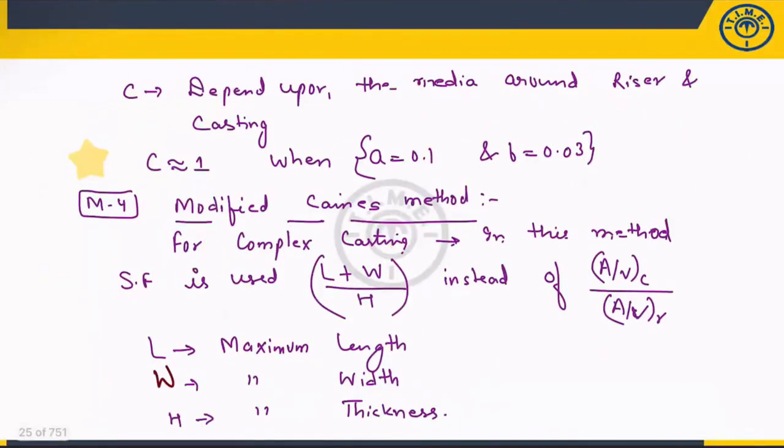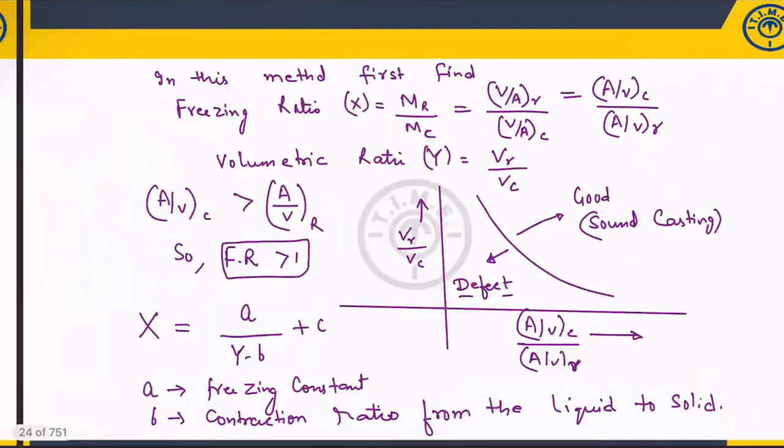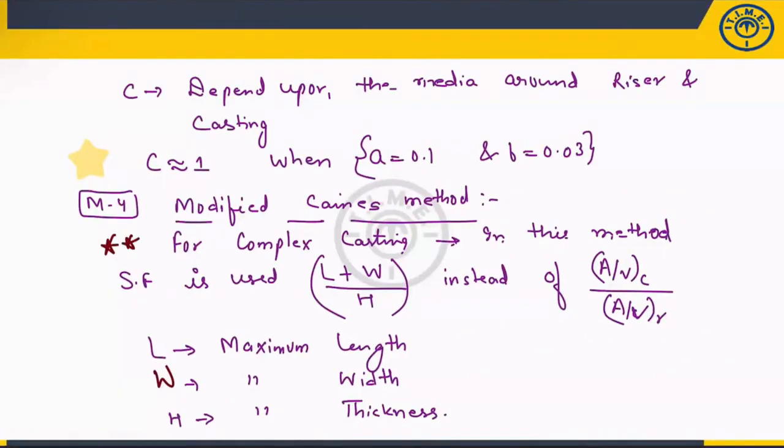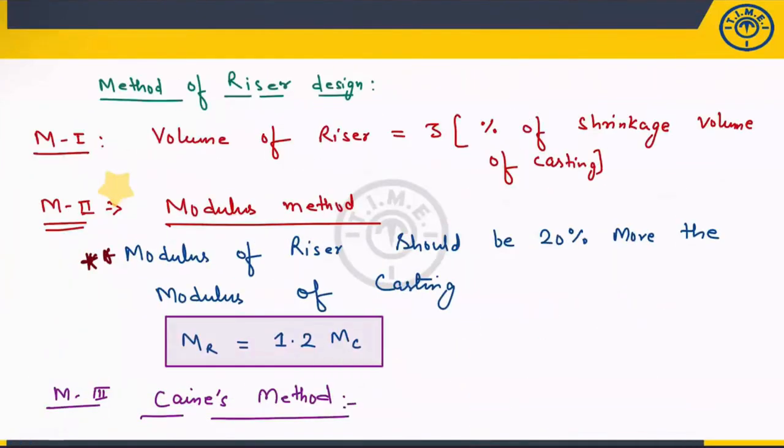So these are the three methods, out of which the second method and this shape factor method are very, very important. If you want, you can make a note of this. Modulus of riser is equal to modulus of casting into 1.2, and the shape factor formula.